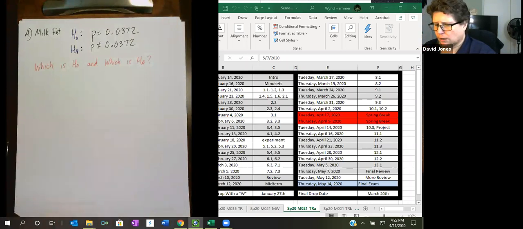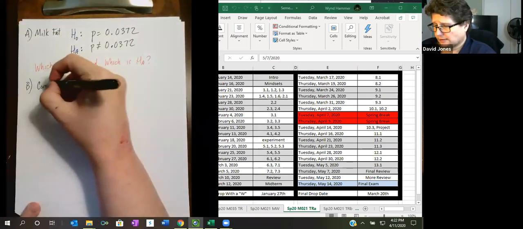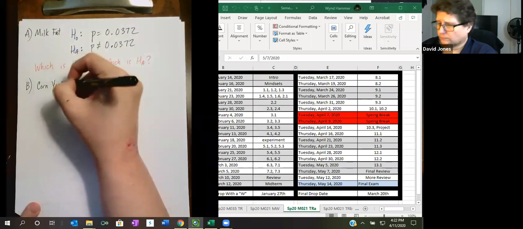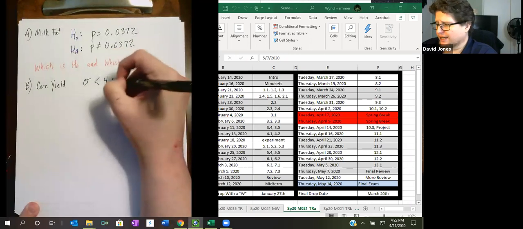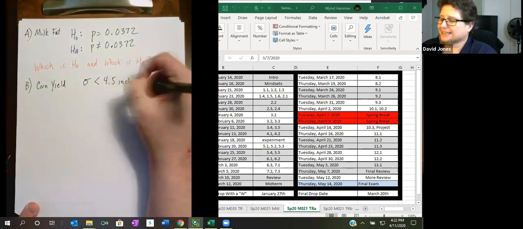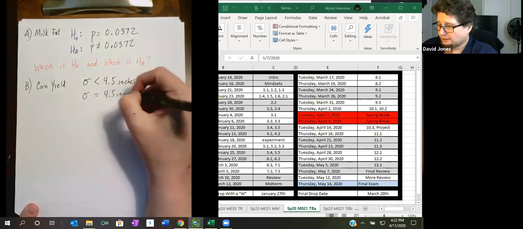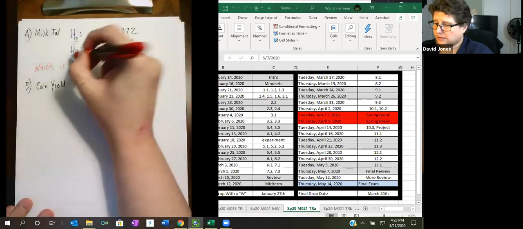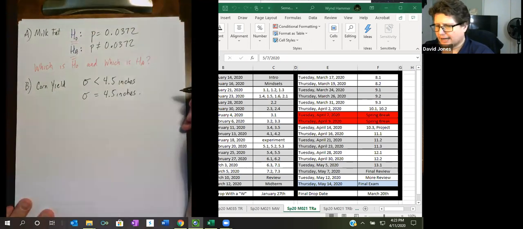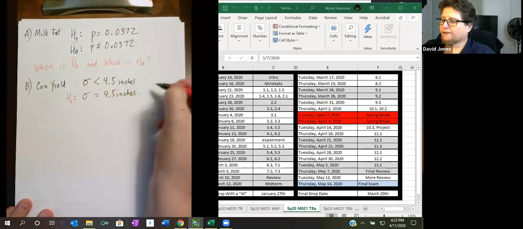What about the corn problem? Corn yield. At the World Ag Expo, they said that they've decreased the standard deviation by 4.5 inches. It's less than 4.5 inches, and the old machine was 4.5 inches. Which is H0 here and HA? H0 is the statement of equality. In this problem, it's sigma equals 4.5.